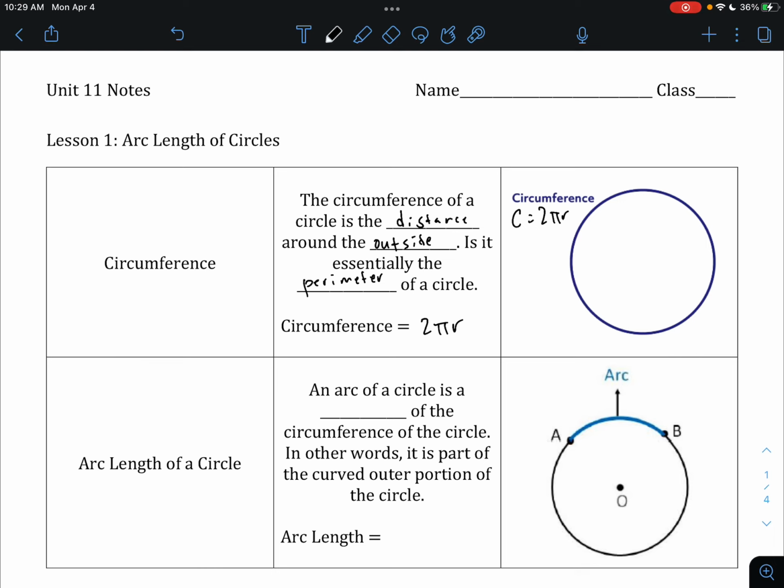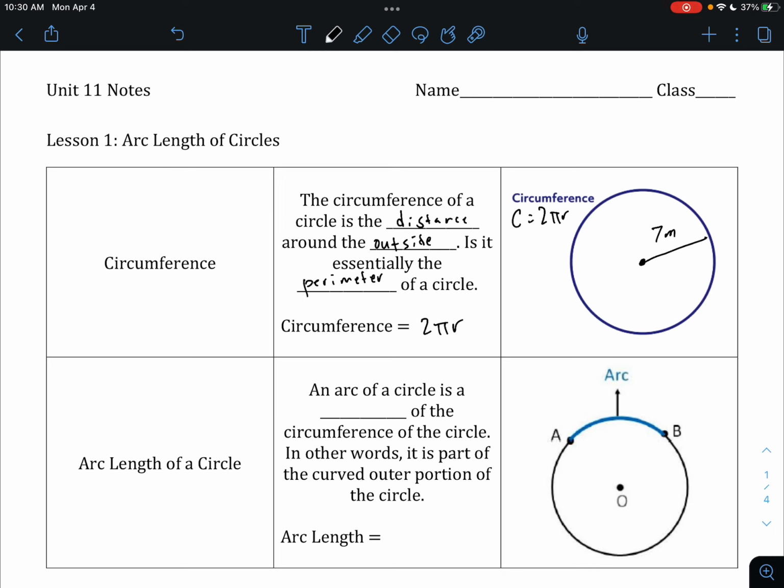So let's say we have a circle where the radius is 7 meters. So to find the circumference, we would go through the process of just plugging in that 7 to r. R is our radius. It is halfway across the circle.